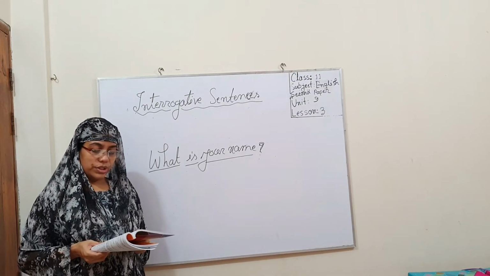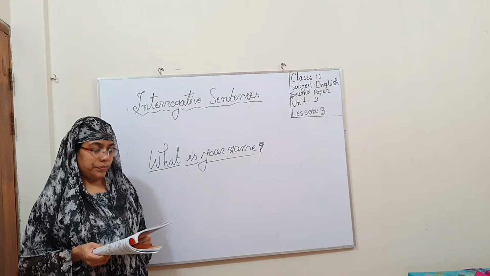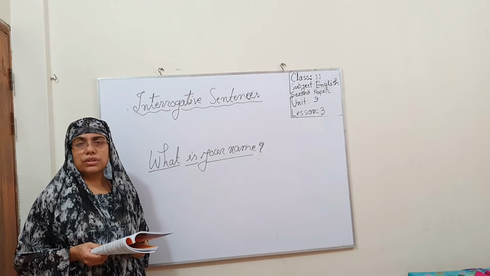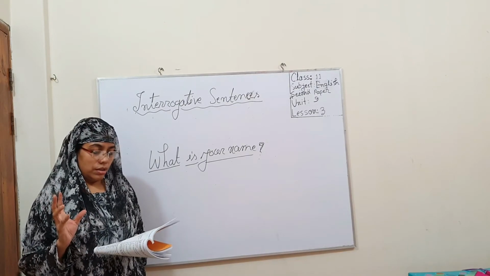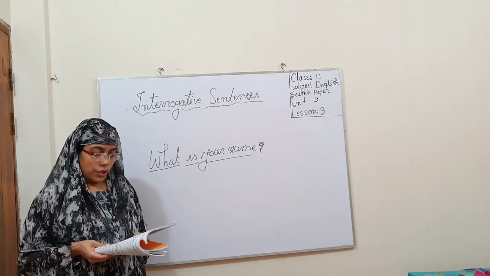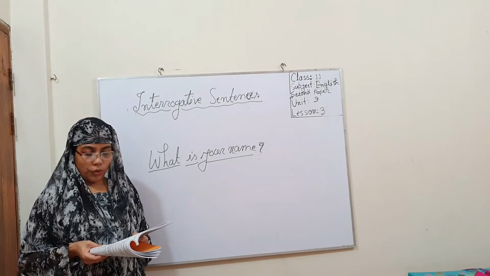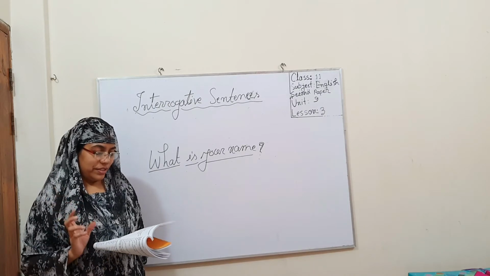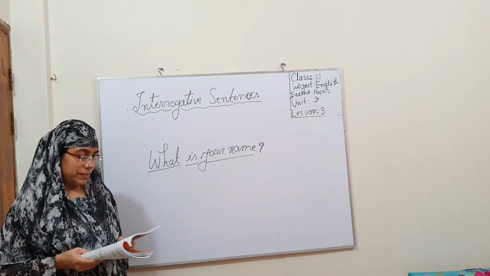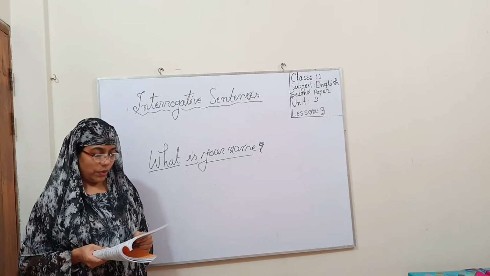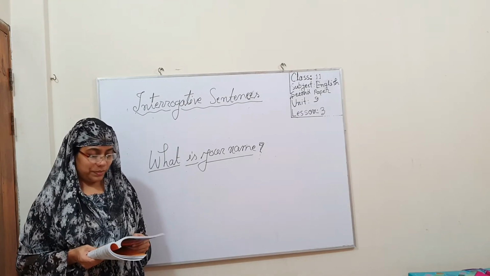Customer: I want a daily newspaper, please. Shopkeeper: Here you are. Customer: Thank you. How much is it? How much is it? An interrogative sentence. Shopkeeper: 10 taka. Customer: Do you have a 50 taka note? Yes, it is another question. It is an interrogative sentence. Shopkeeper: Yes sir, here it is. Customer: Thank you. Shopkeeper: My pleasure.